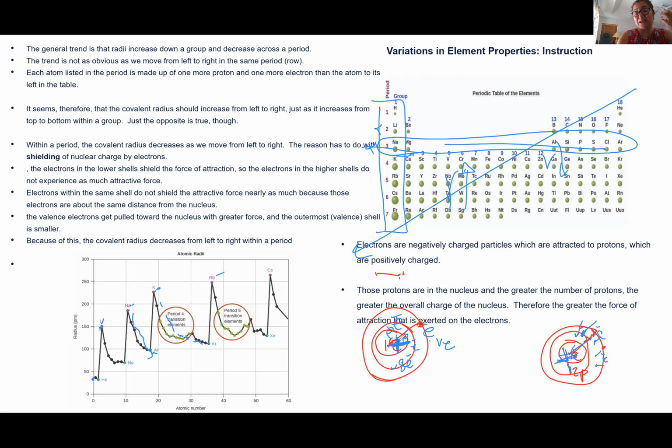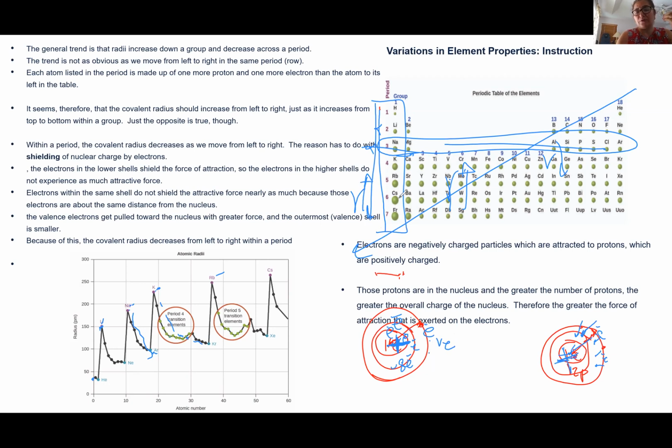Since this electrostatic attraction is shielded or blocked, going from top to bottom, the attraction over the last energy level is going to decrease, and the radius is going to go up.